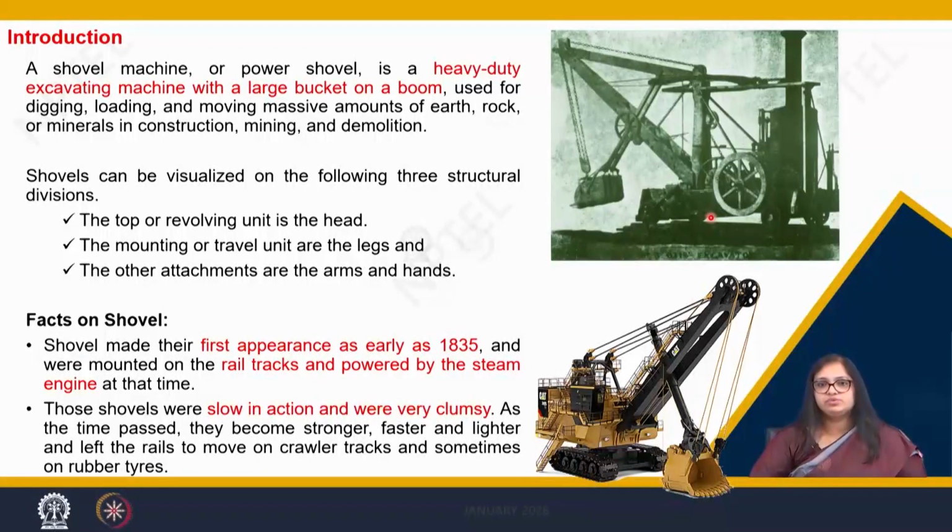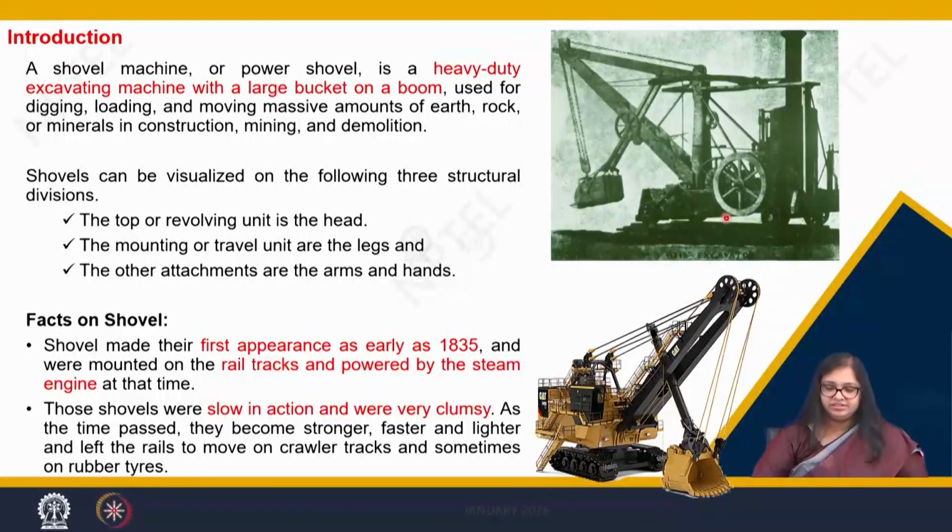Nowadays, this kind of shovel has left the tracks and become crawler mounted, which gives easy maneuverability and movability to these machines. Its movement is not constrained to the tracks where they are laid, but it can move anywhere.